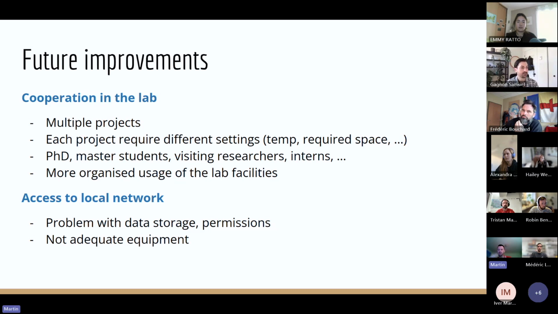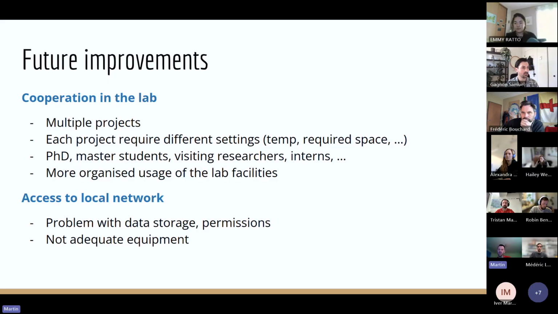And also this big box was quite heavy to operate, and it requires some space, and there were other projects with even bigger boxes, so it was also difficult to keep them next to each other. And also there were many different students, visiting researchers, PhD and master students, and sometimes it would be good to cooperate together, because mostly we were working separately, but it would be nice to have some kind of cooperation.